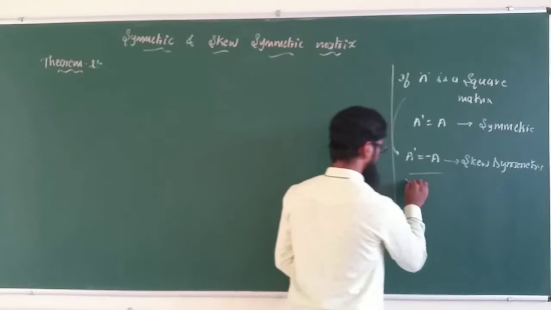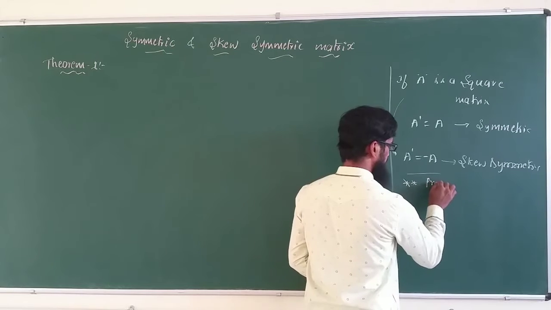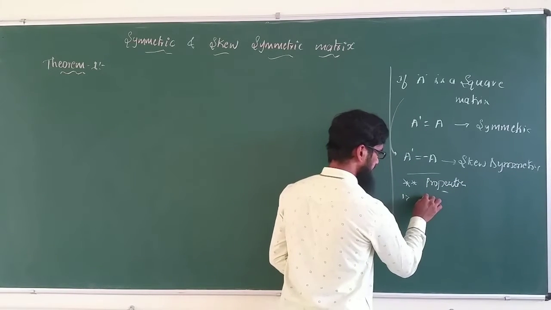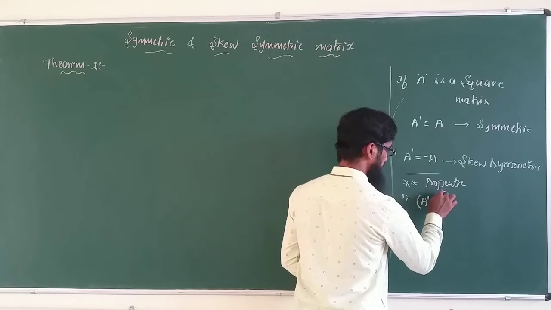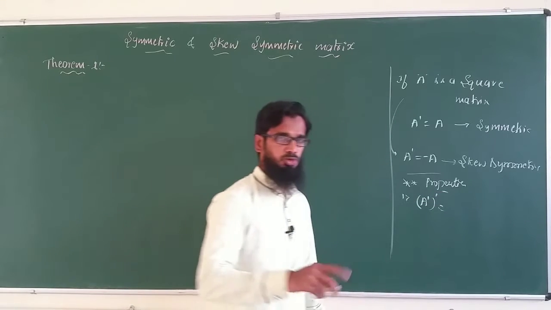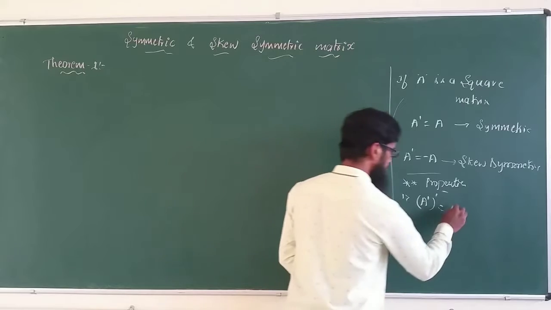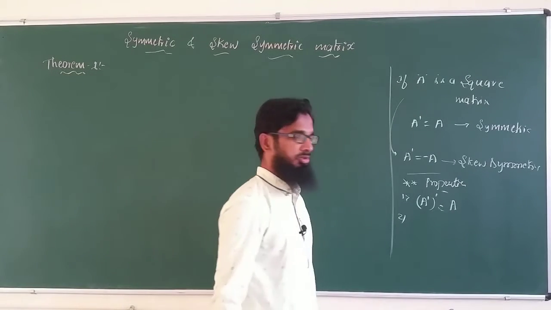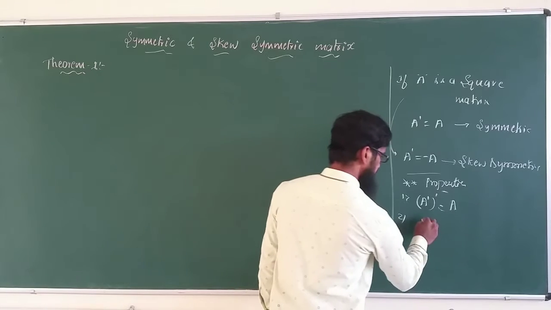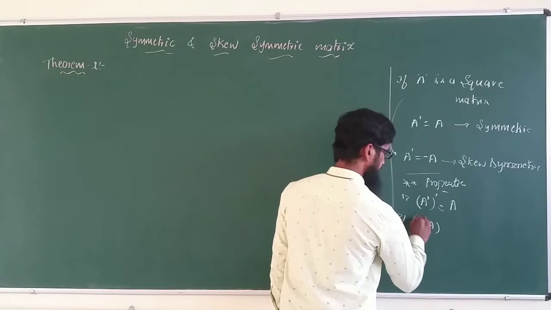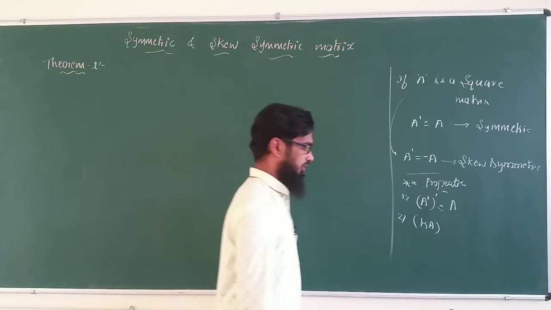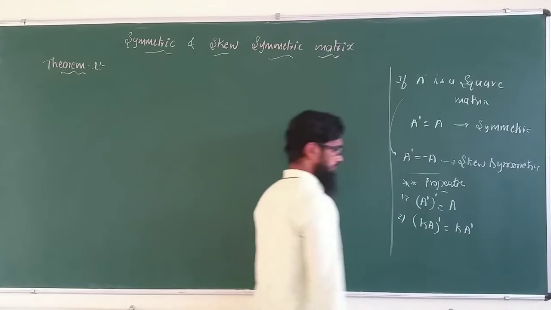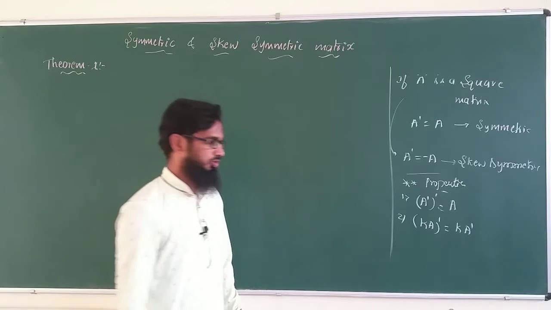Now, coming to the properties, there are 4 properties. The first one is that the transpose of A transpose is equal to A. This is the very first property. The second is that we can multiply a constant with a matrix, and the transpose becomes K into A transpose, that is, the constant with the transpose of that matrix.